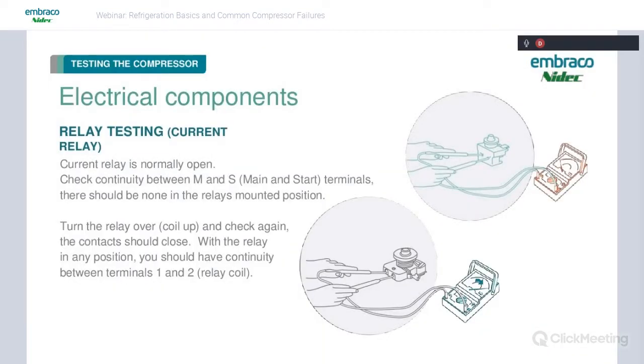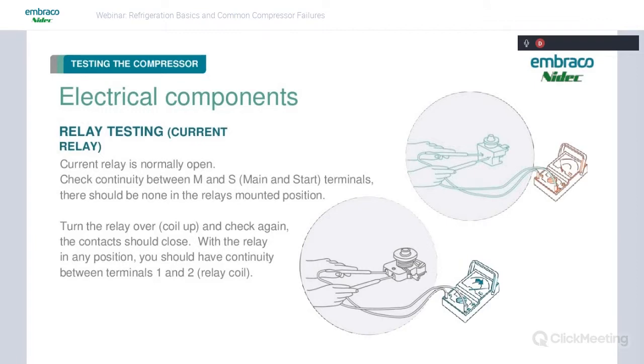But basically, if we find one of these and we want to test it, you can pull it off the compressor, and being that it's normally open, you can test the run and the start terminals that plug onto the compressor. In the mounted position, there should be no continuity.